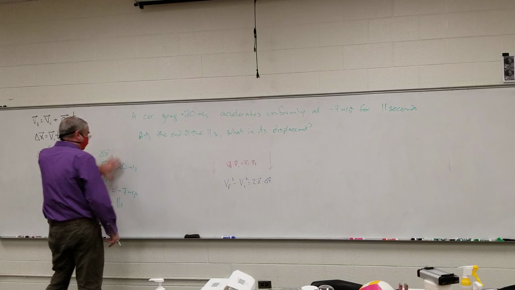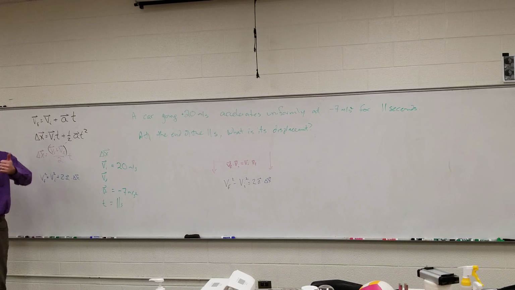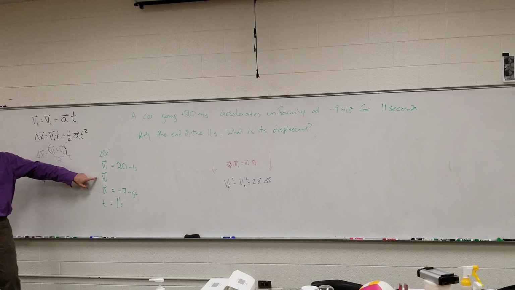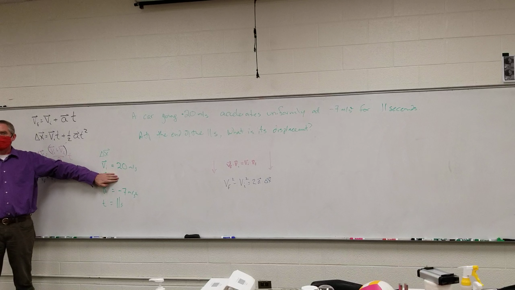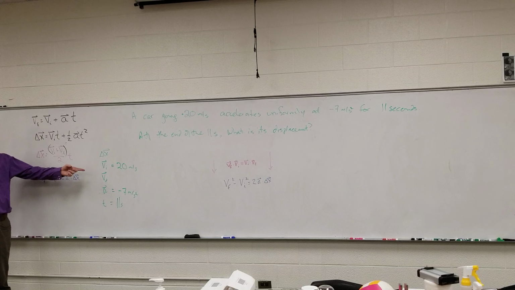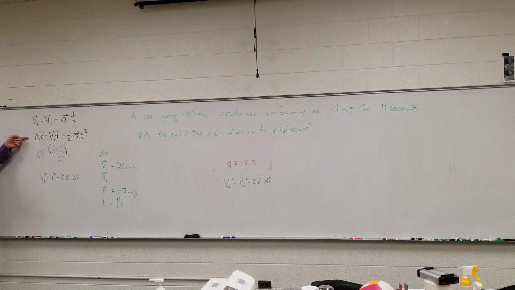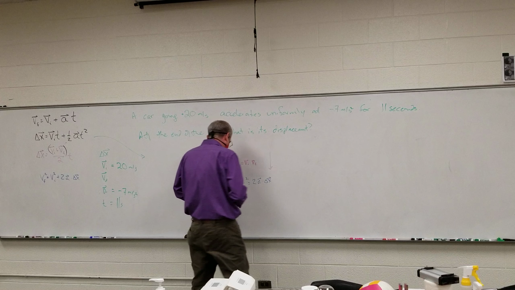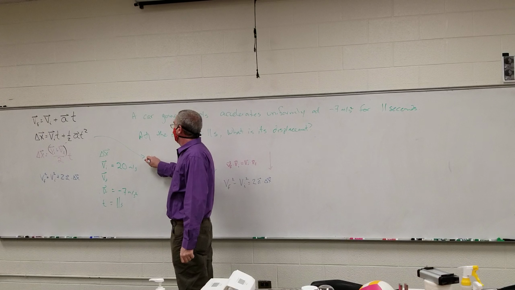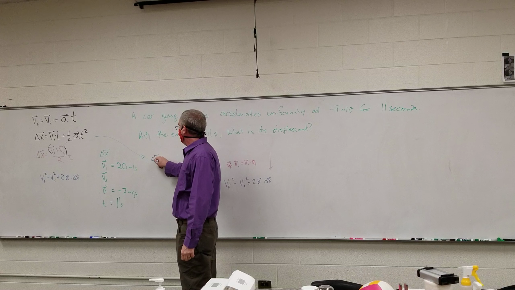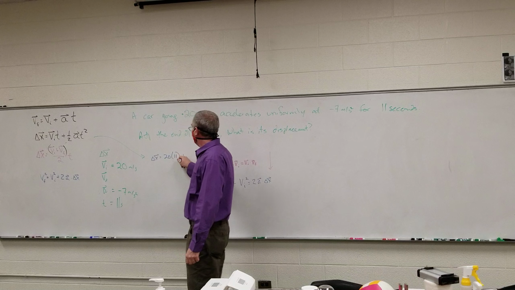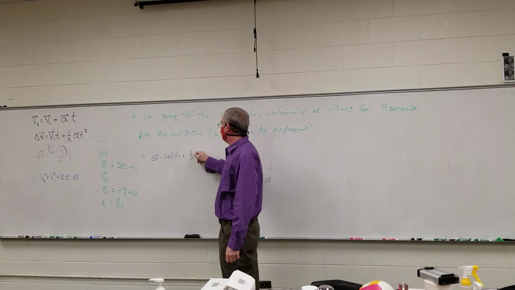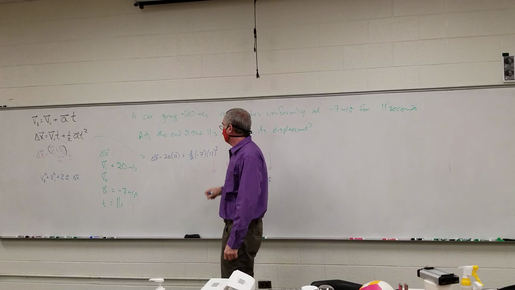All right, so once you've identified the three things that you do know, the next thing is what are you trying to find? Displacement. VF is not part of this. We don't know what VF is, and we're not looking for it right now, which means I want the formula that doesn't have VF in it. So VIT plus 1/2 AT squared. That's the one. So we end up with delta X is equal to 20 times 11 plus 1/2 times negative 7 times 11 squared.